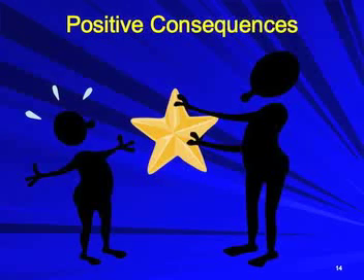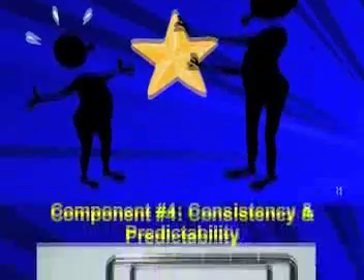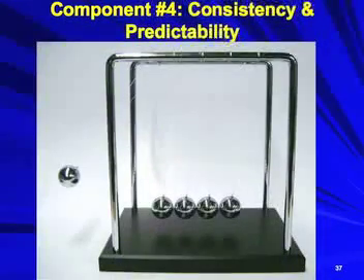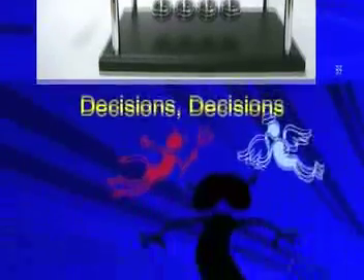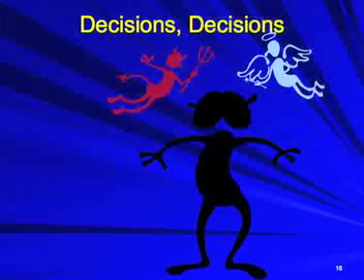The 4th component is that we must be consistent. We must be predictable. Kids need to know how we are going to respond in certain situations in order to influence them in the making of good choices.